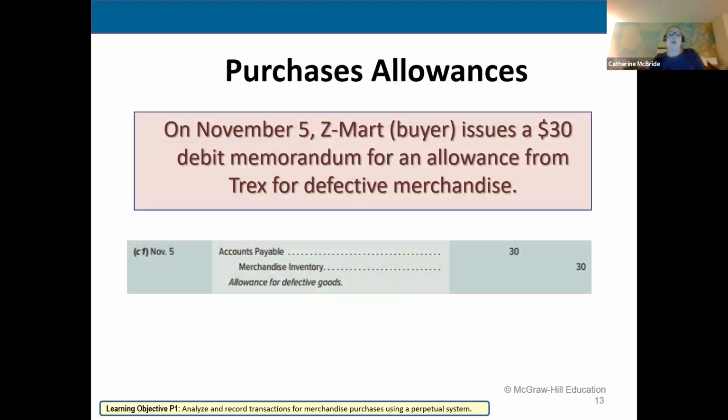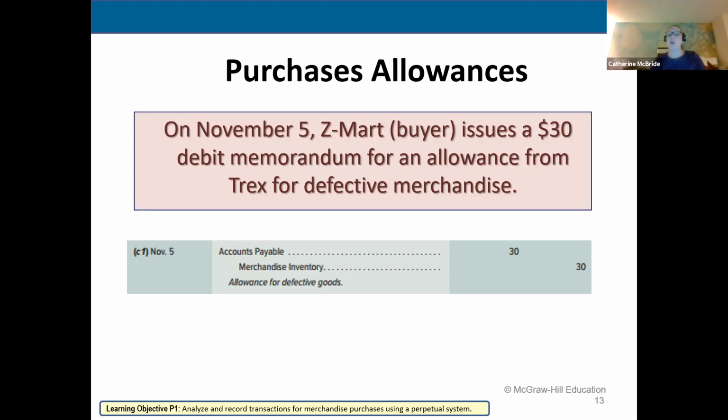So let's say that on November 5th, the buyer issues a $30 debit memo for an allowance because of defective merchandise. So what happened was, remember, we bought that $500 worth of merchandise and it comes in, we're unpacking it, we're like, oh, this is defective, but I think we can still sell it. So we contact the person we bought it from and they say, you know what, we'll give you a $30 credit.